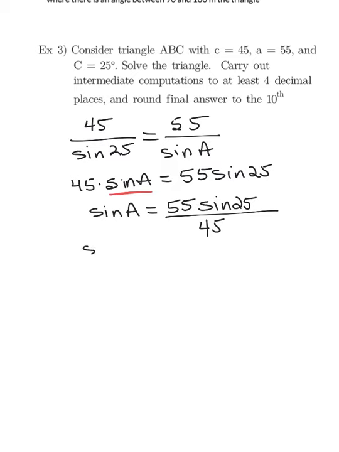If you do that calculation, you get the sine of angle A equals 0.5165333431. I like to go out as many characters as the calculator shows me to be as accurate as possible. So now we need to figure out what A equals. Well, that means we need to do an inverse.